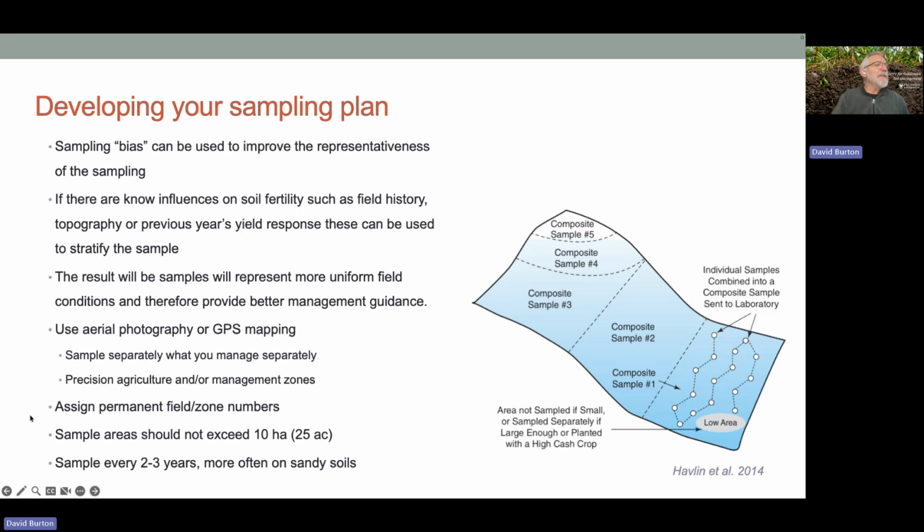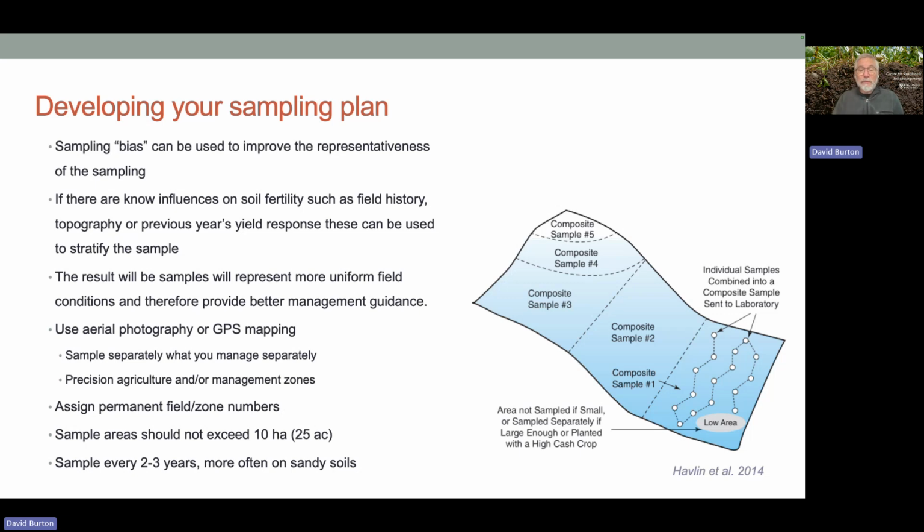One of the really important things when you're sampling is to assign permanent terminology to the field and the locations within the field that you are separately sampling. You probably will remember it this year, but five years from now, you may not remember what that is, or the next owner may not know what that is.